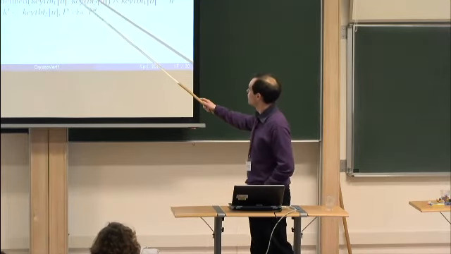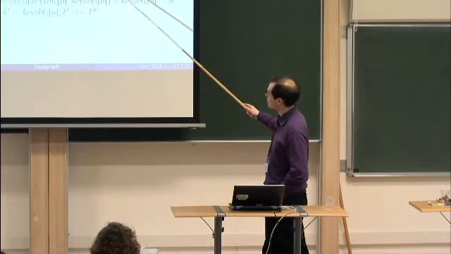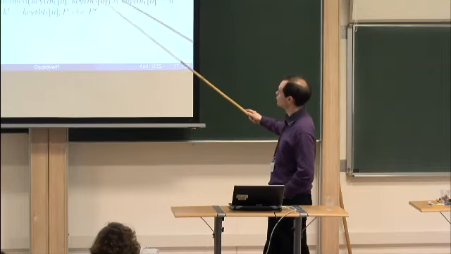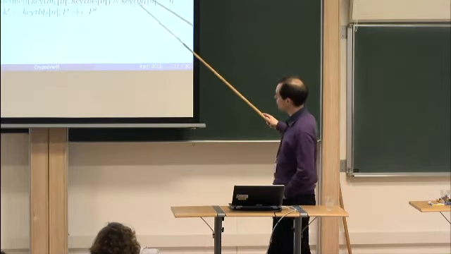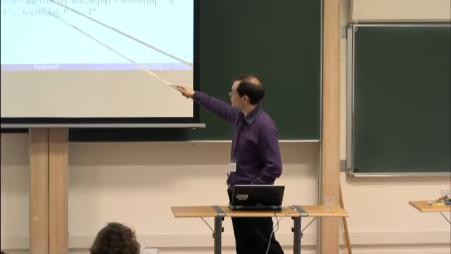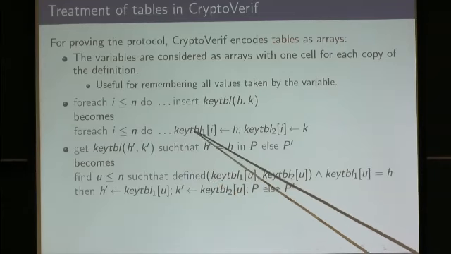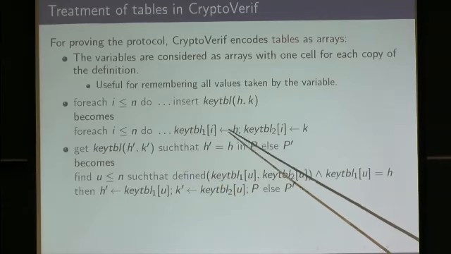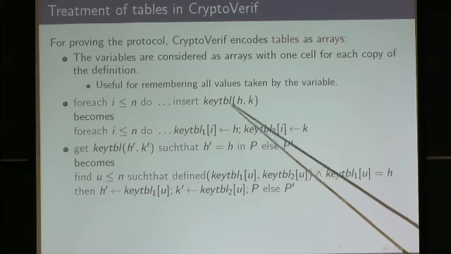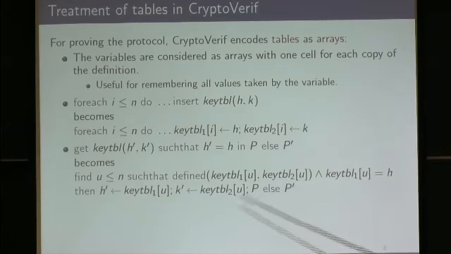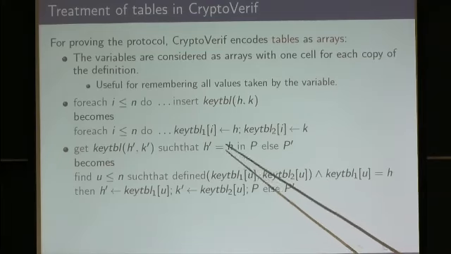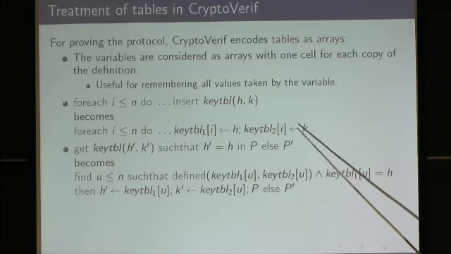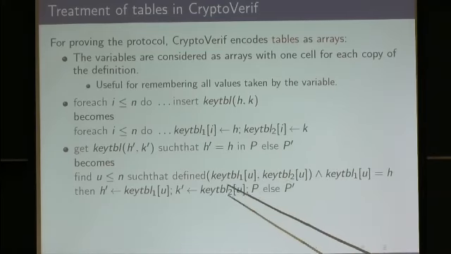So for example, instead of inserting an element in the key table, you define an array that contains that element. And here in this example, the process is replicated, so you have n cells of that array that store each of the elements that you insert in the key table. And then when you do a get, what you're going to do is look inside this array for an element that satisfies this condition.